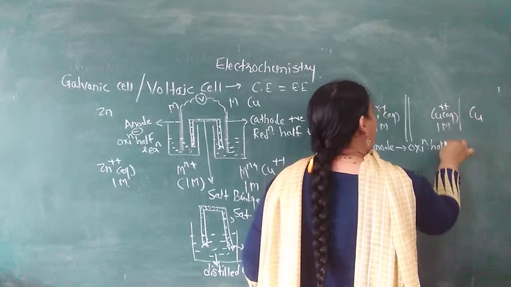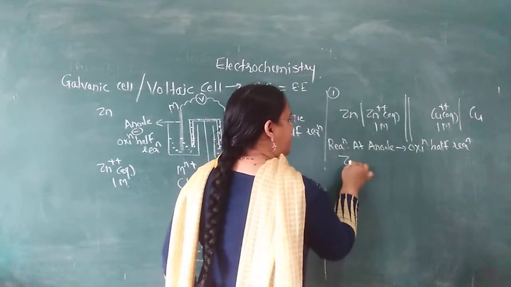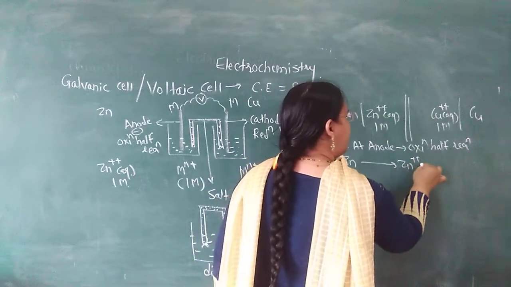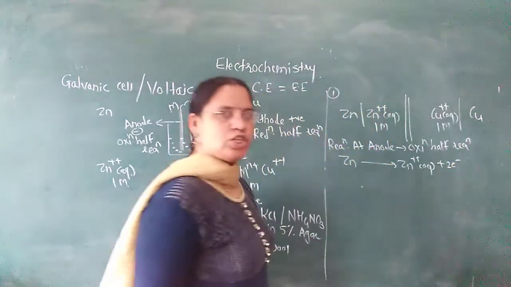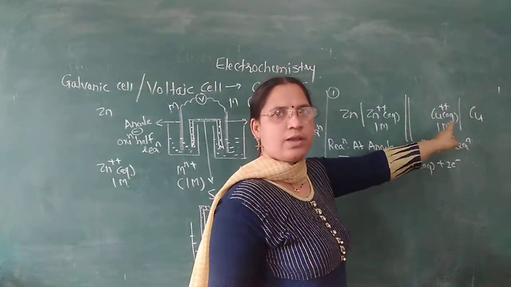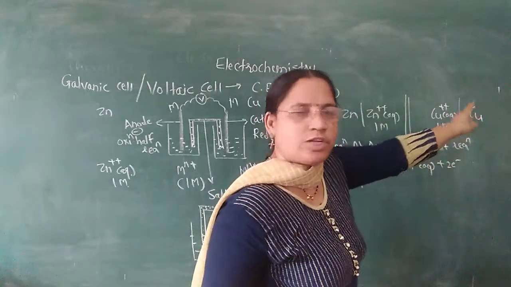Oxidation half reaction. Zn is converted to what? Zn++ aqueous with loss of 2 electrons. So this is the oxidation half reaction. Now which undergoes reduction? Cu++ ion gains 2 electrons and is converted to Cu. That is the reduction reaction.